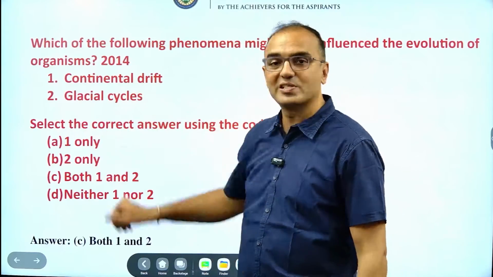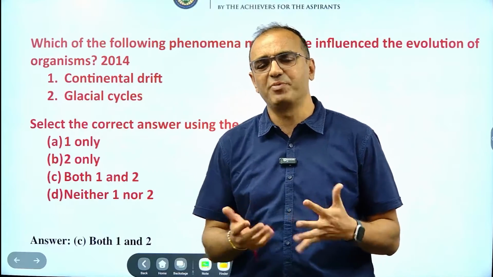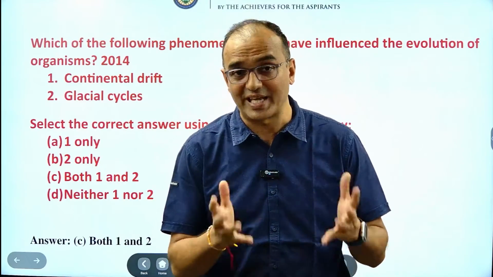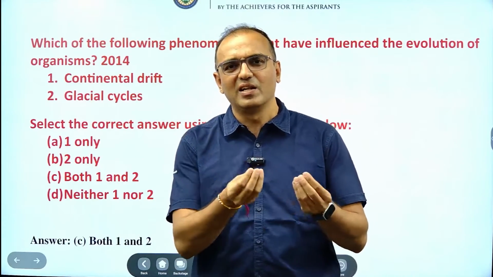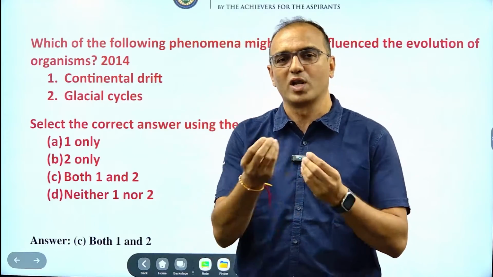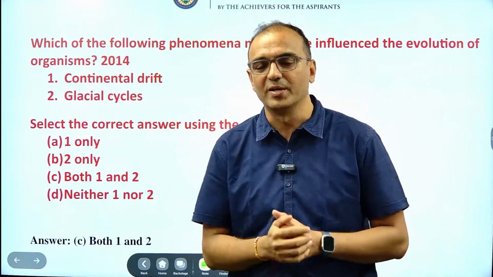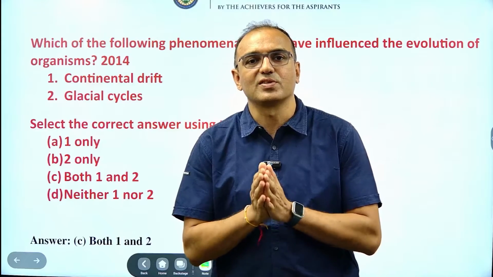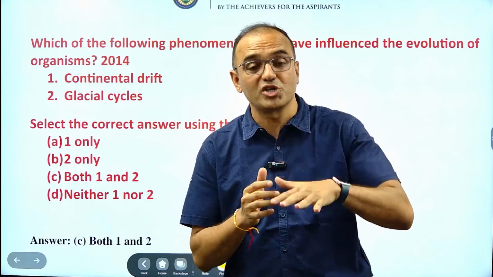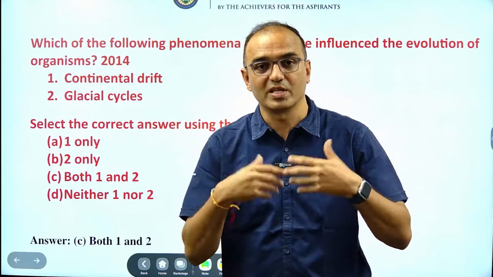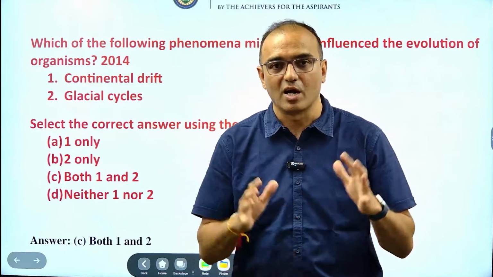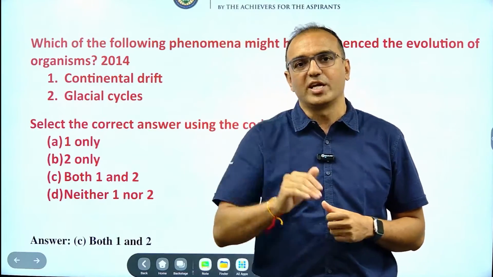Second is glacial cycles. There have been four major glacial cycles, right? And a smaller glacial cycle also, and glacial era. These glacial cycles resulted in reduction in the level of sea. When the glaciers were present and spreading across the lands, the sea level went down, right?